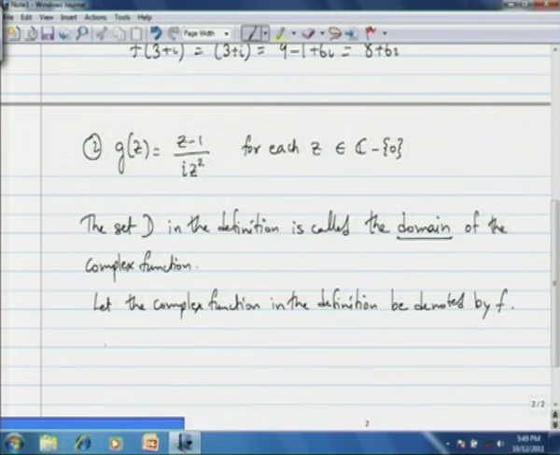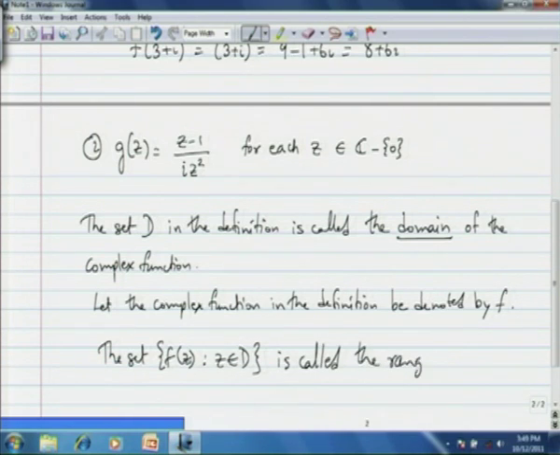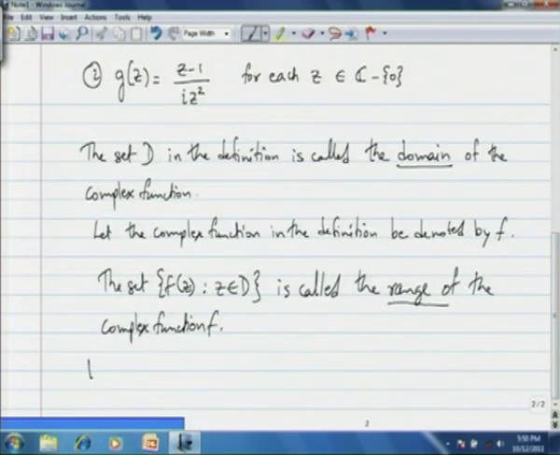Then the set of all f of z such that z is in D is called the range of the complex function f. Okay. So, we understand the domain and the range.